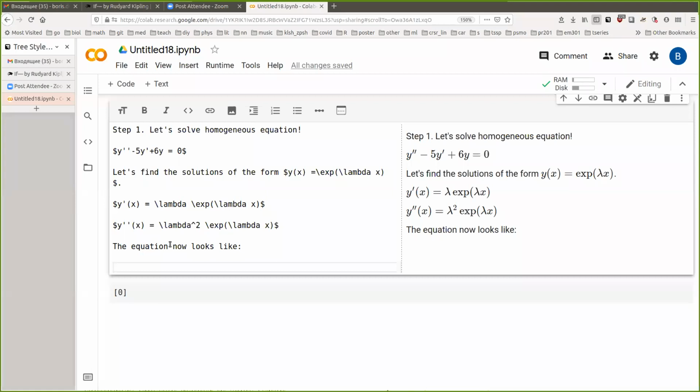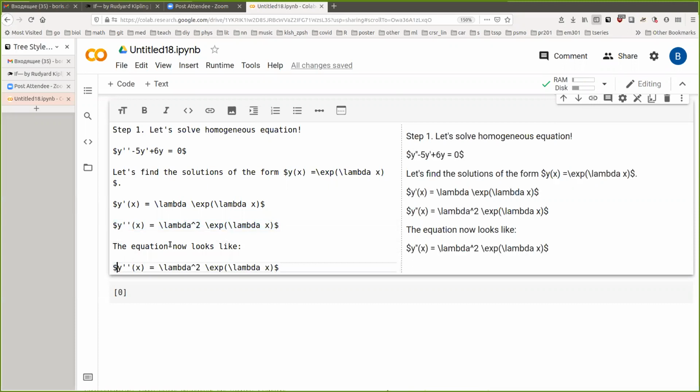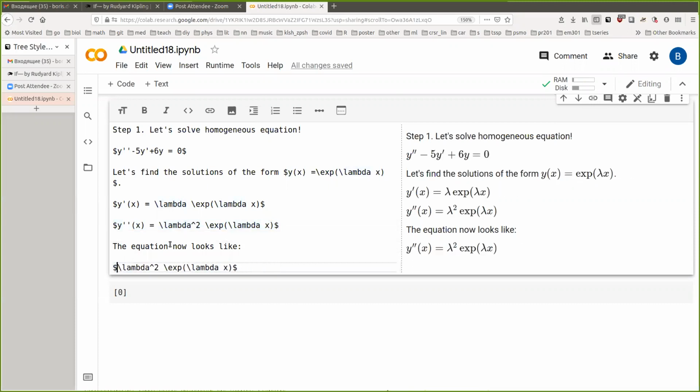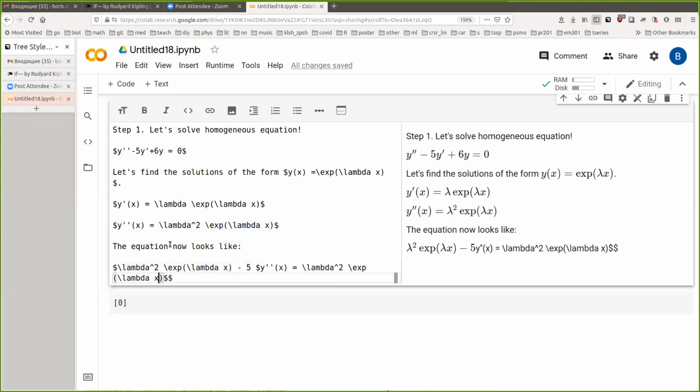The equation now looks like that. We have y prime prime of x, then minus 5 y prime of x, and plus 6 exponent of lambda x, and it's equal to 0.